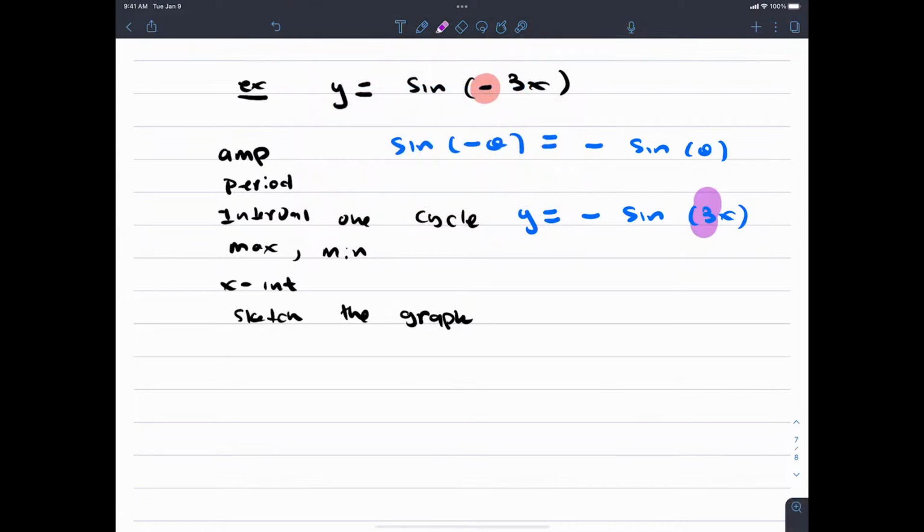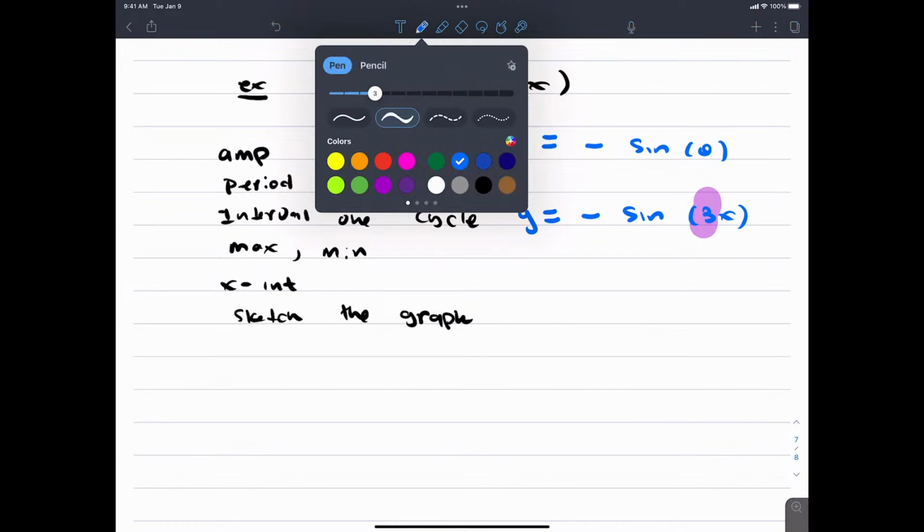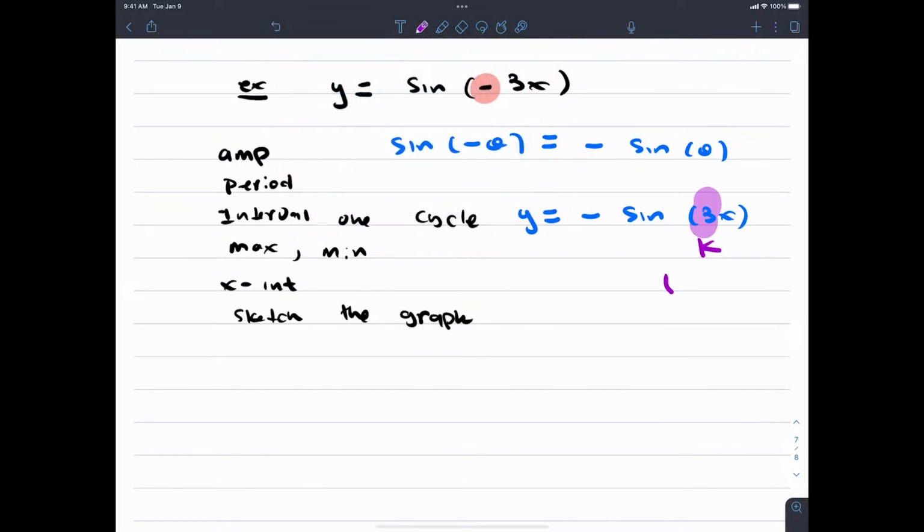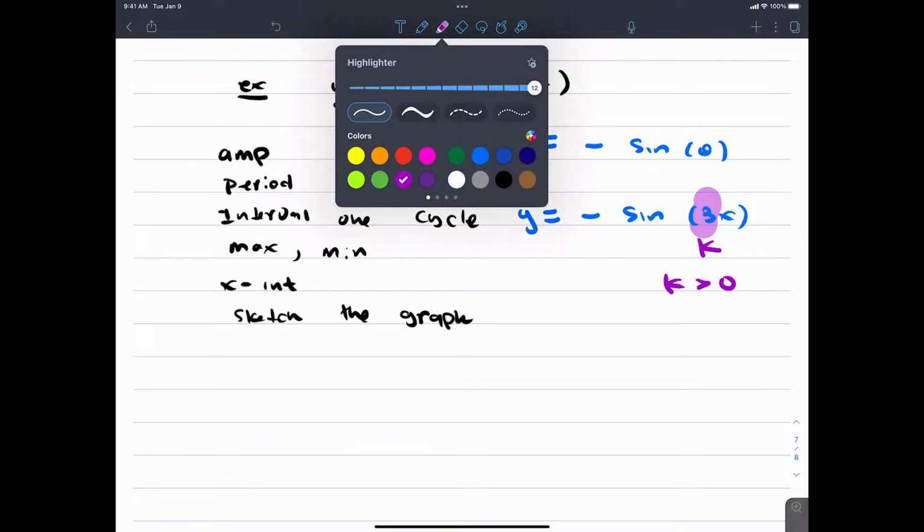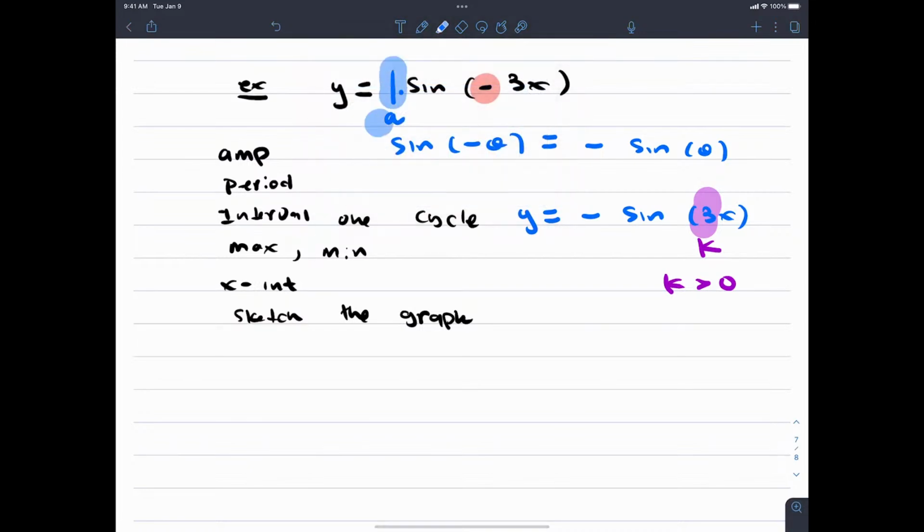Because remember this, the k value needs to be positive. That was in your general format. That k value needs to be positive, if you guys remember that. And then if nothing's in front of sine, by default, what does that mean for a? A is 1. So what I want to remark, ladies and gentlemen, you might see something like that.